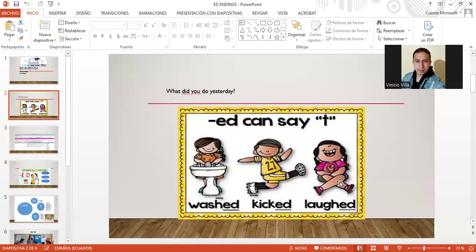Well, the main point here is to focus on the ED words. So I'm going to ask them, students, what can you see here? This picture is very, very common. Students could say, oh, yes, teacher, I can see ED letters that are common in all the verbs there.